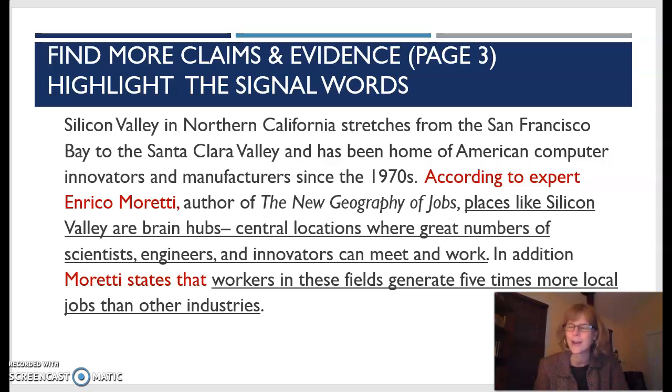This is our writer's argument, that the location is important. We also have this signal word. Morietti states that, and we're getting more of his information, his central claim. Workers in these fields generate 5 times more local jobs than other industries, talking about the importance of these technology jobs.